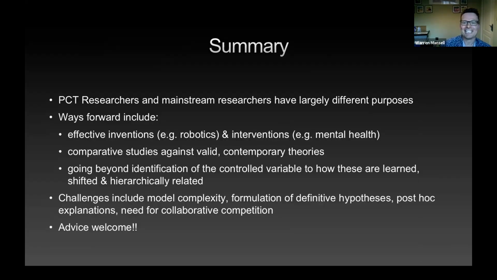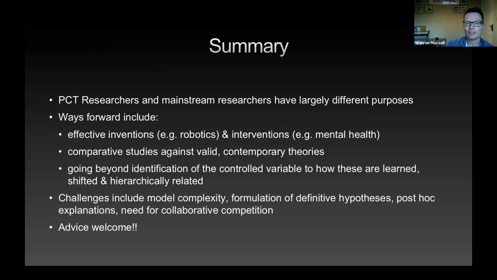So, in summary, and I'm sorry to be a bit longer than I planned, PCT researchers and mainstream researchers have largely different aims and purposes. We need to find, at a high level, a way to bring those together. I think the ways include just doing stuff that works, like interventions in mental health or robotics.